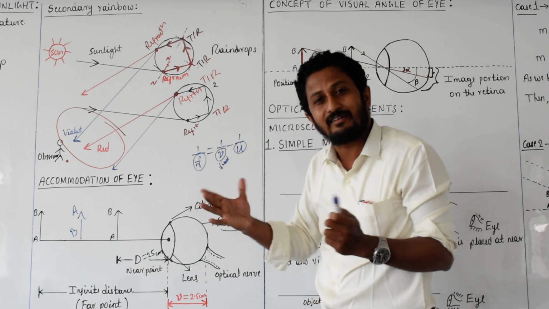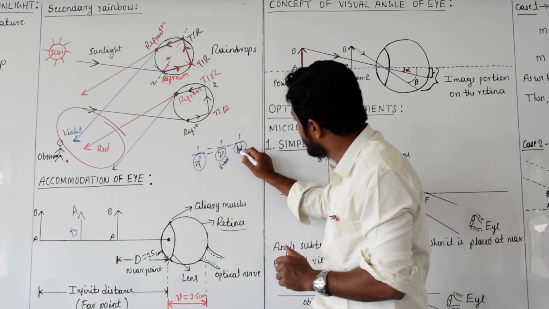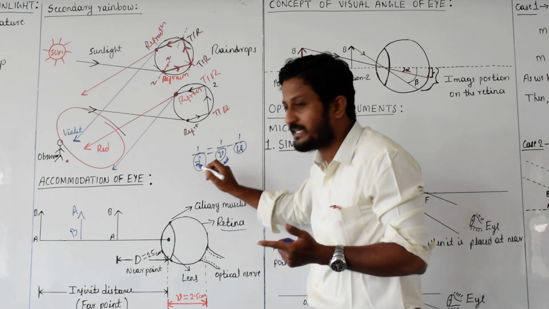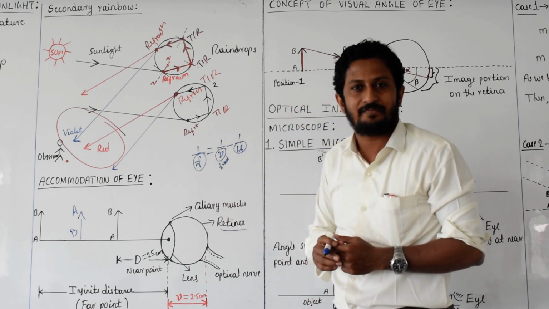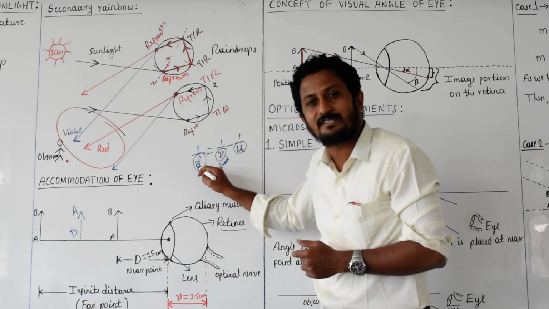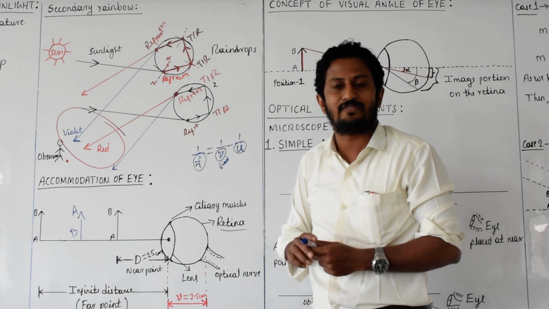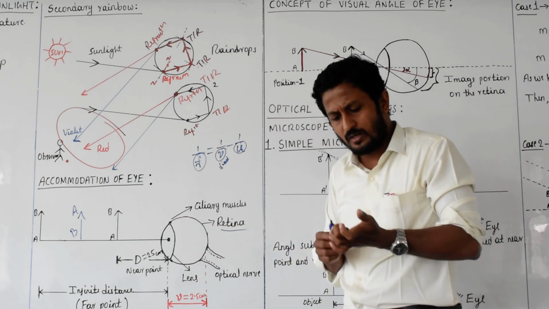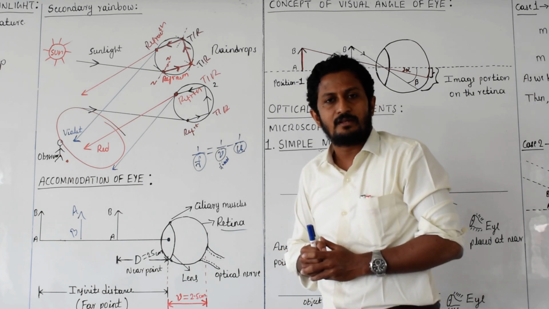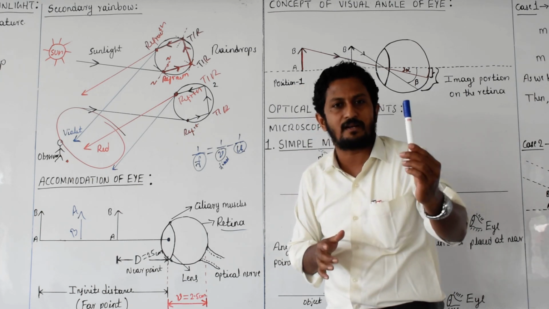Both are directly proportional. As you increase the object distance, there should be an increase in focal length. As you decrease the object distance, there should be a decrease in the focal length of that eye lens. It means that when you look at different objects, now I am looking here at this marker which is here.